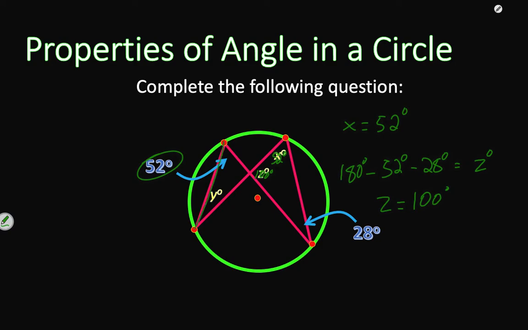I can't quite do the same thing on this triangle because I only know one of these. And I can't just guess that that's going to be a right angle because, again, the rule that we were using before, we know that one doesn't work out. And it looks pretty close to 90, but it's probably not exactly 90. What I can say is that I have two lines crossing over each other.